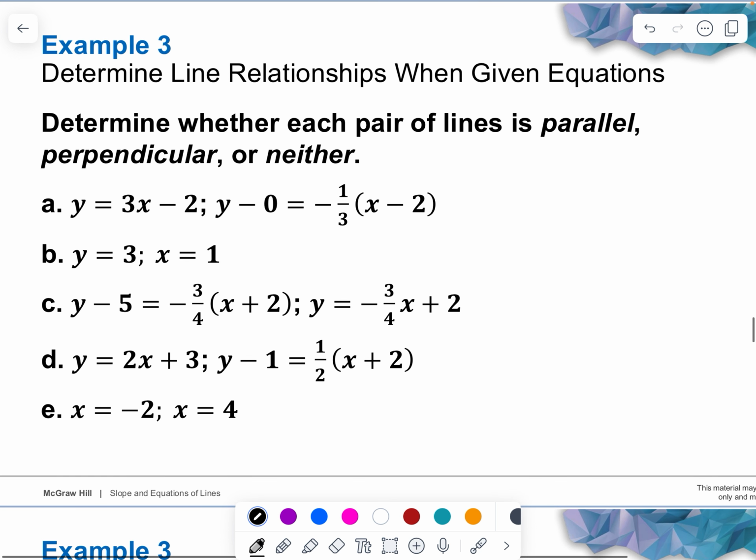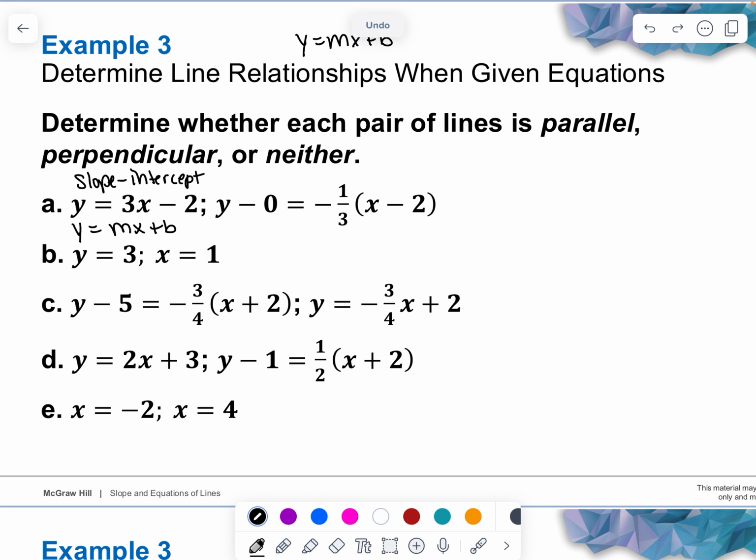Looking at the first one, A, this one is in slope-intercept form, which is y equals mx plus b. Sometimes it helps us to put those right there in front of us. Y equals mx plus b is one of our options.